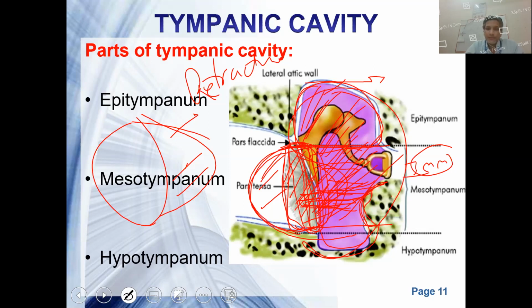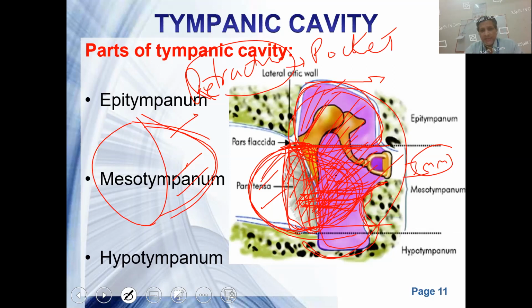But opposite to this, if there is medialization of the tympanic membrane, it can collapse into the middle ear, which is called retraction or a retraction pocket. This pocket can happen in some segment of the tympanic membrane, or the tympanic membrane may collapse completely into the middle ear, which is called an atelectatic tympanic membrane or adhesive otitis media.